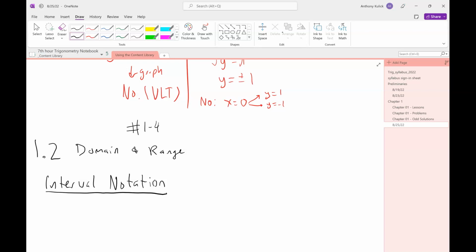Do you guys recognize that phrase? You used interval notation last year in Algebra 2, I hope.